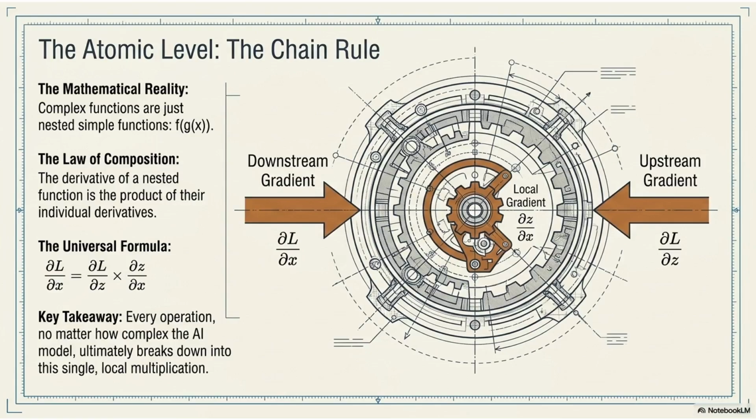This gives us our universal formula. So the downstream gradient equals the upstream gradient multiplied by the local gradient. The key takeaway here is that every operation in a neural network, no matter how complex, ultimately breaks down into the single local multiplication.